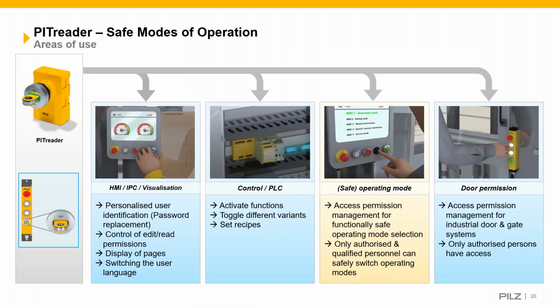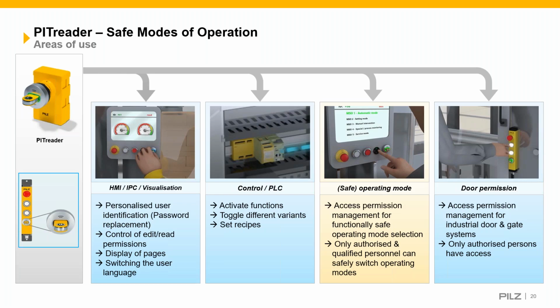And so for safe operating mode, you can see our PIT reader here. It can be used for both security and for safety. So in this case, we're looking purely at safe operating mode, and we can select automatic mode, number 1. Number 2 would be setting mode. Number 3 would be manual intervention. Number 4 would be a special or process monitoring, and number 5 would be a service mode.